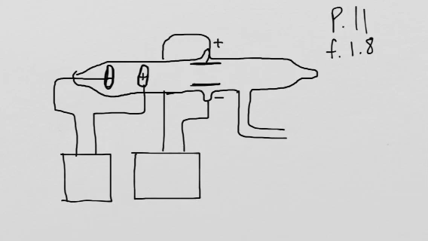So here is a slight recreation of figure 1.8 on page 11 of your text. This is one of Thomson's experiments, where we have the cathode here in this glass tube, and we have the anode. And we know that this is attached to power supply 1, and there's a second power supply in this experiment, power supply 2.